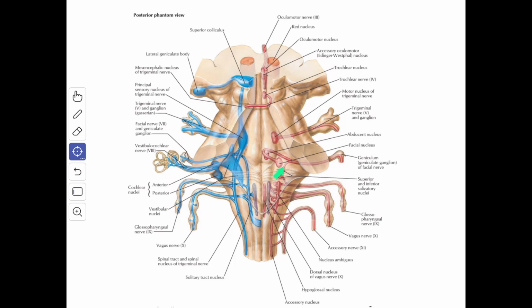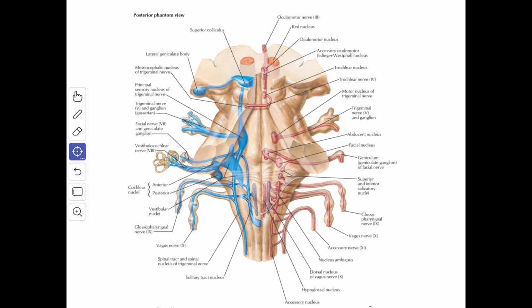The superior salivatory nucleus and the lacrimatory nucleus are seen as indefinite clusters of small nerve cells in the dorsal part of the pons, medial to the motor nucleus of the facial nerve.